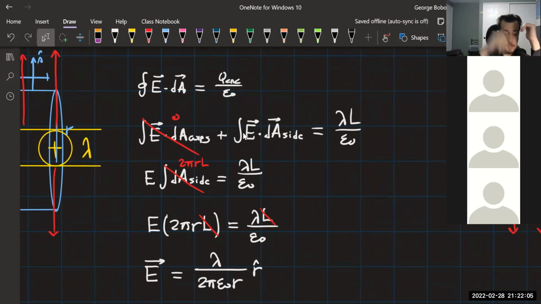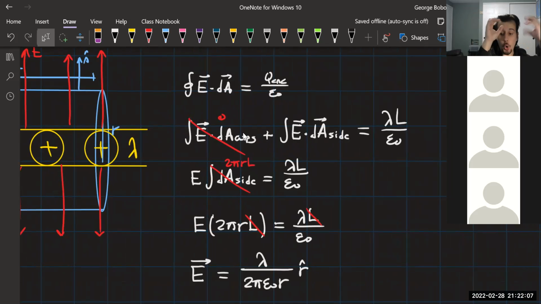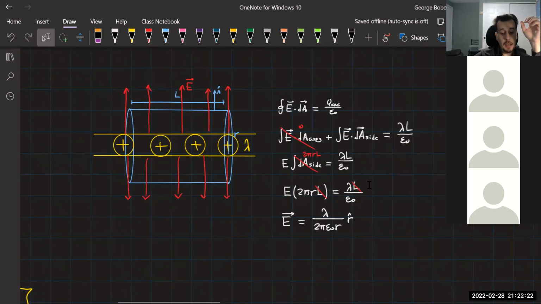The left-hand side only cares about the Gaussian surface, never about the charge density. But the right-hand side cares about the charge density. So what this means is when you're trying to find what to put on the right-hand side here, you're looking at how much charge is enclosed. You can see here that all I care about is this lambda times the length that I've enclosed by my cylinder.